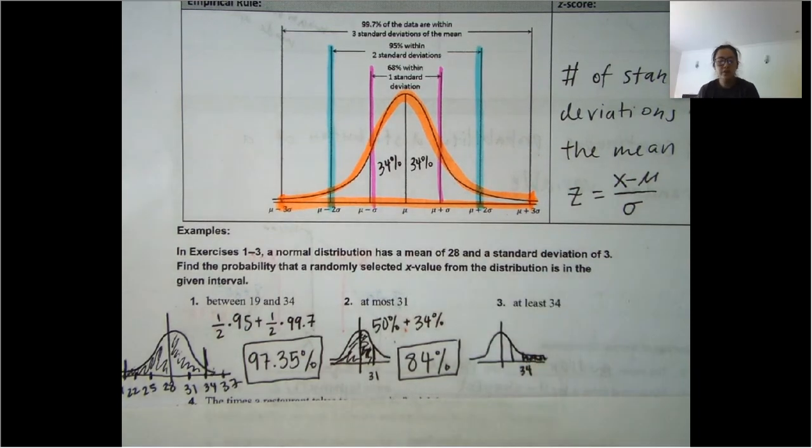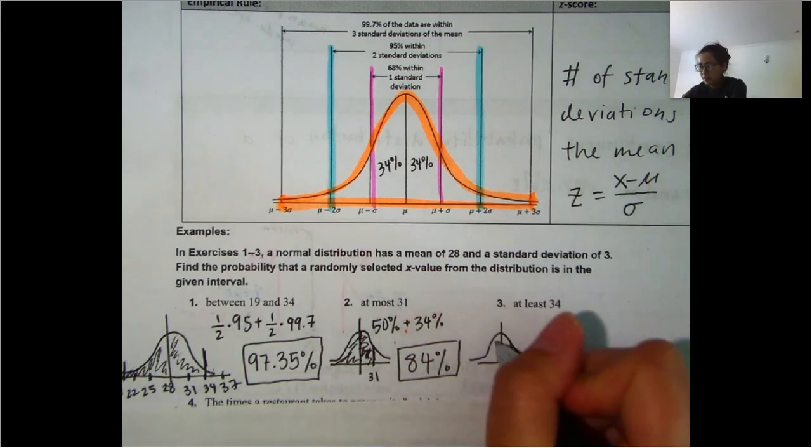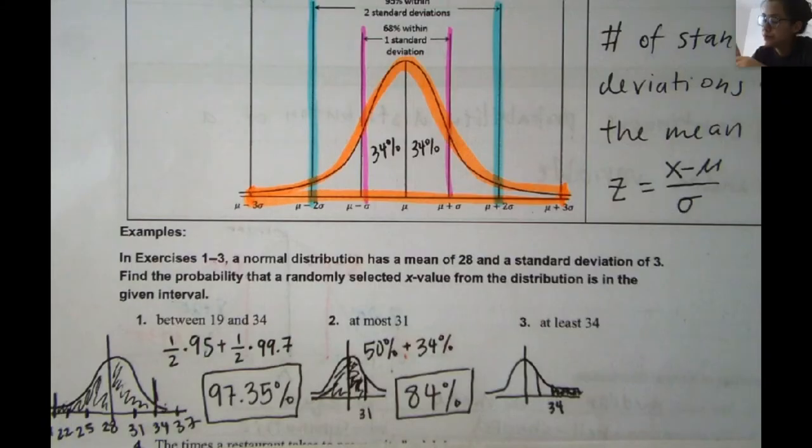Just as a reminder, everything under the curve should add up to 100%. So you can think of this as doing 100% and then minus whatever you're capable of finding. That's what I'm going to do for this one. You know that this 50% is all gone.